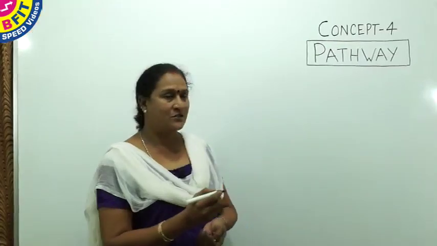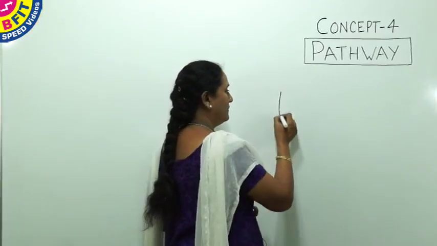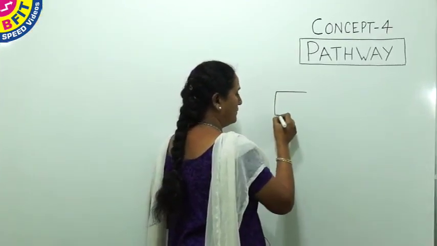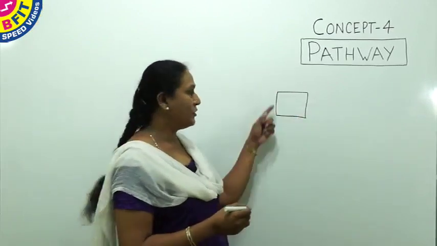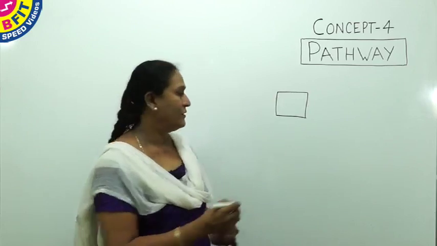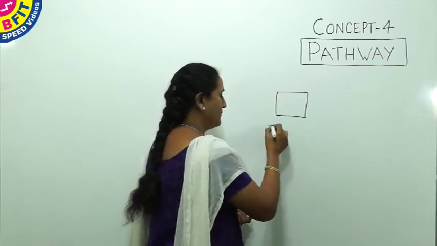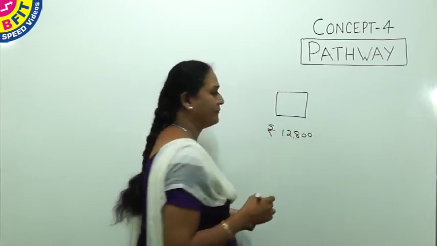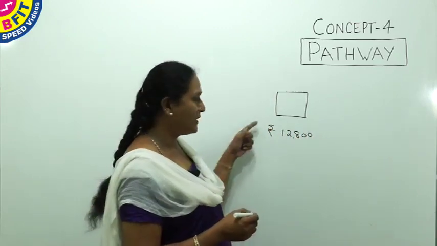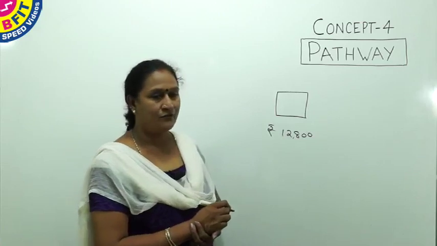So here we have a square field. And the fencing cost, the total cost, is given. The total cost is rupees 12,800. And now the cost per meter is given as 40.